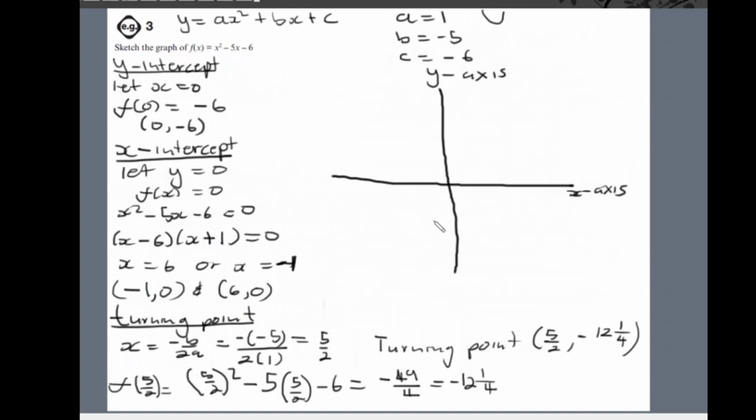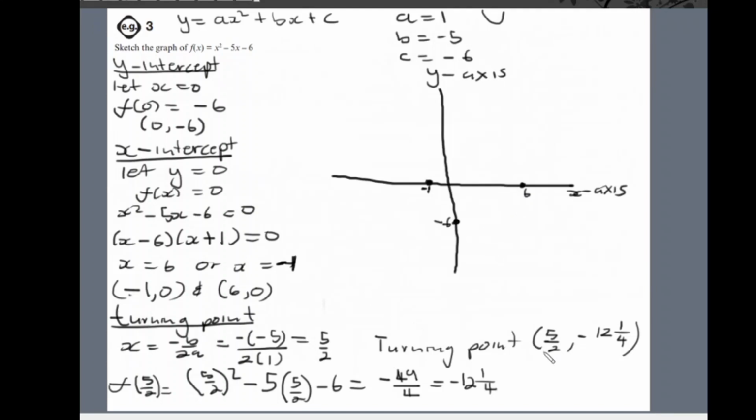So if minus 6 is somewhere here, this will be our point. And then our x-intercepts, we said it's minus 1 and 6. So if minus 1 will be somewhere here, this will be our point, and 6 will be somewhere there, this will be our point, right?